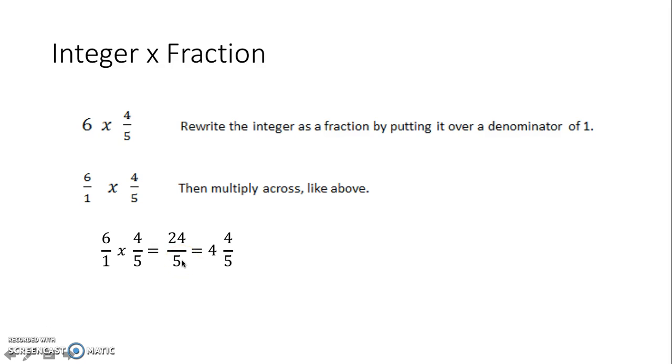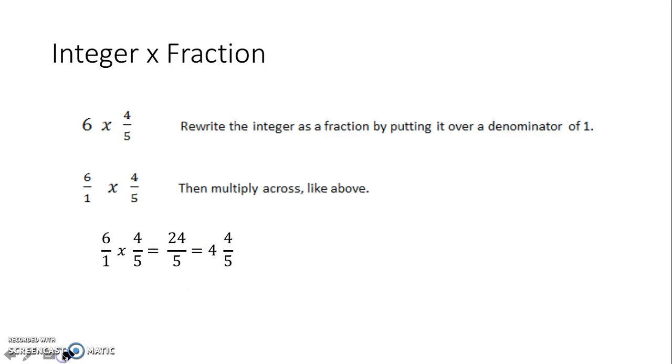I know 5 times 4 is 20, and 5 times 5 is 25. 25 doesn't work, so we know that it goes in 4 times. Now we need to find how much is remaining. So 24 minus 20 is 4, which gives 4/5. So it's 4 and 4/5.